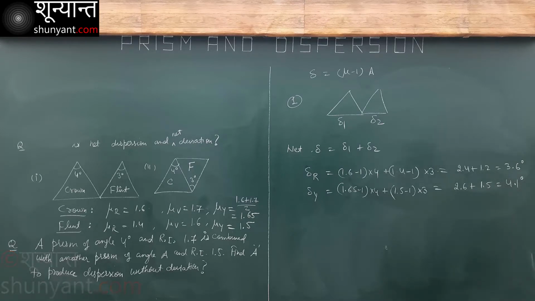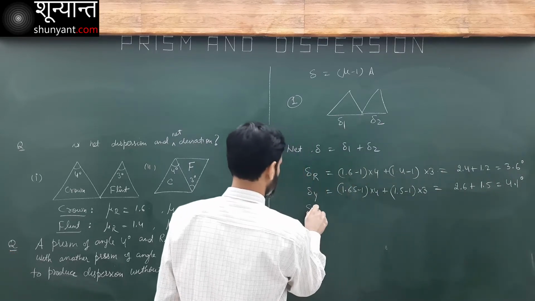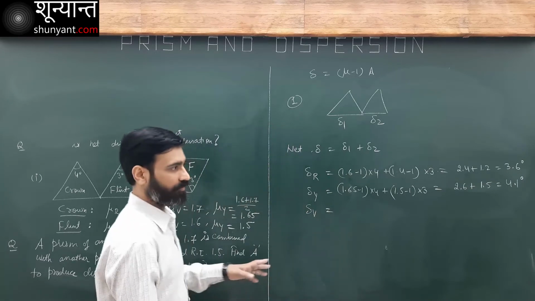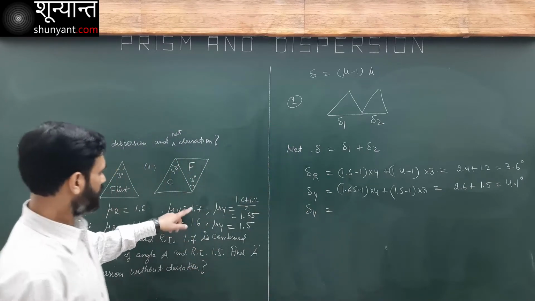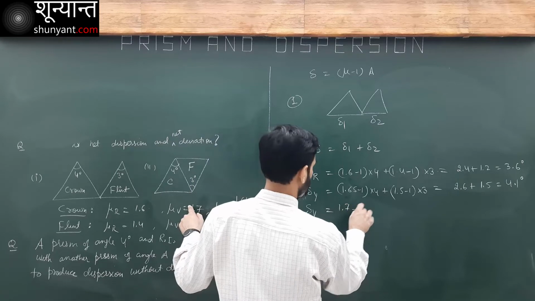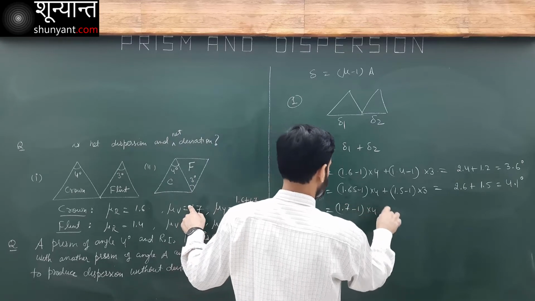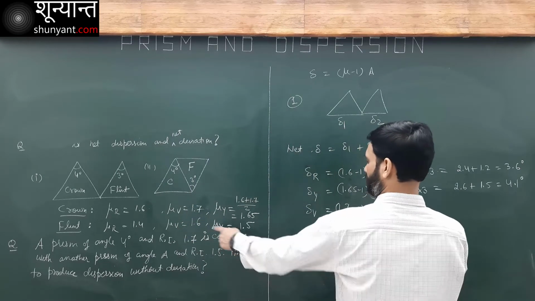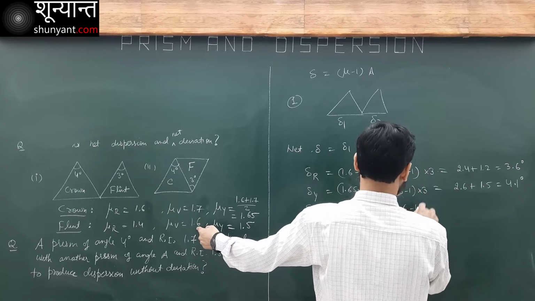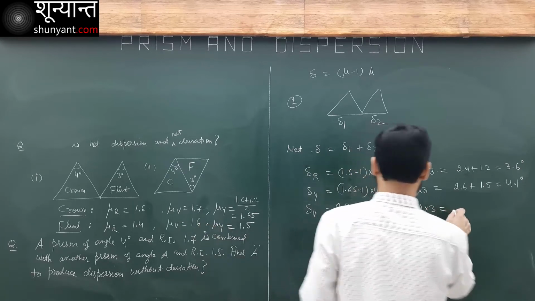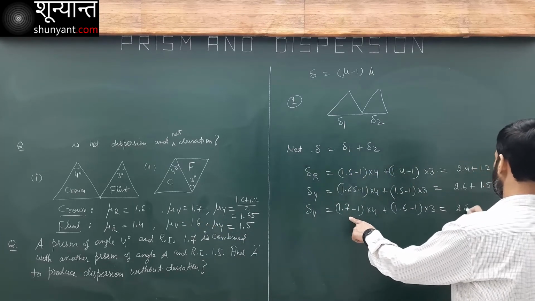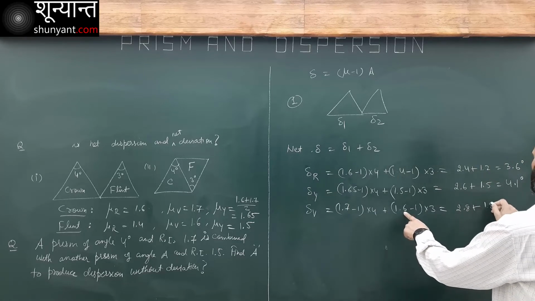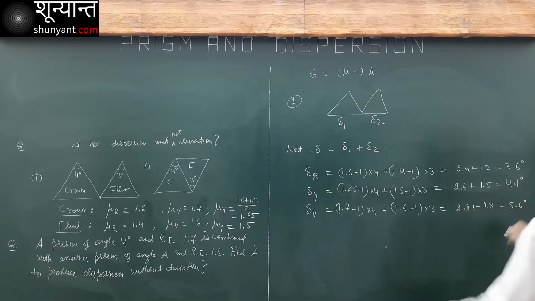That's how we calculate. And then delta violet, the net deviation, is going to be 1.7 minus 1 times 4 plus 1.6 minus 1 times 3. So 2.8 plus 1.8 is 5.6 degree.